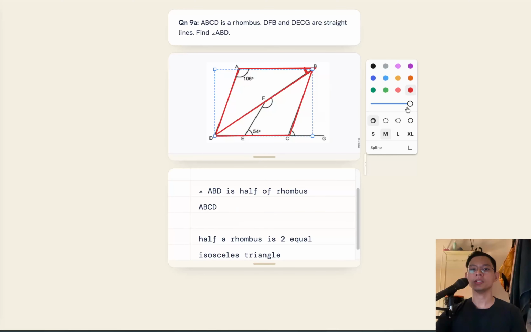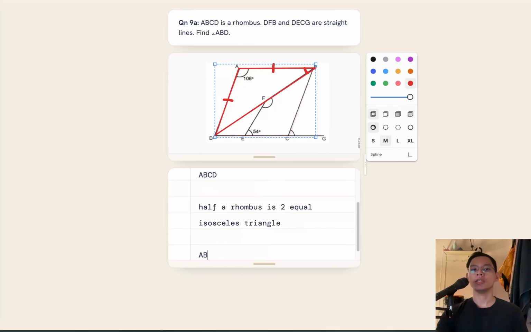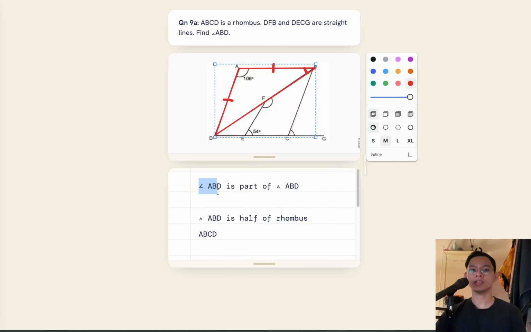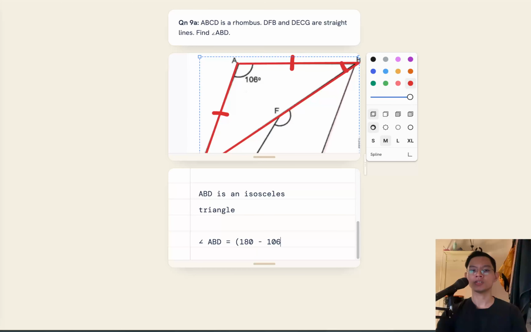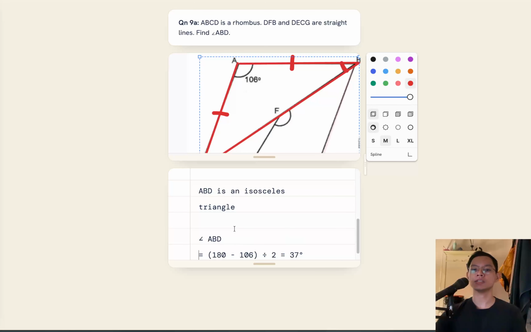So which means that in this case, AB and AD are equal. That means angle ABD will then be equal to 180 minus angle 106, divided by 2, which will give us 37. There you go. So that's the answer, 37 degrees.